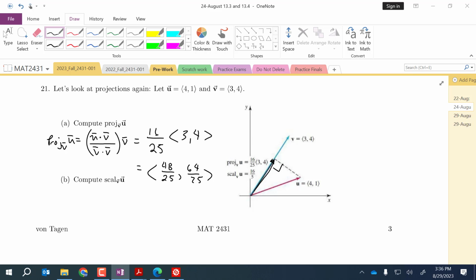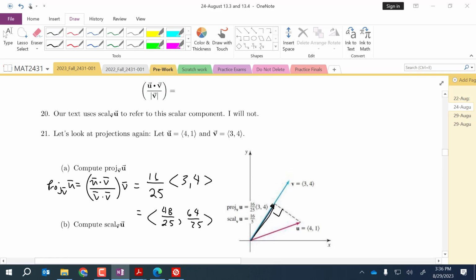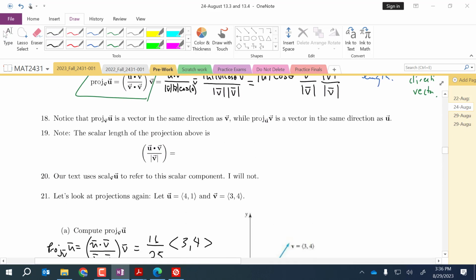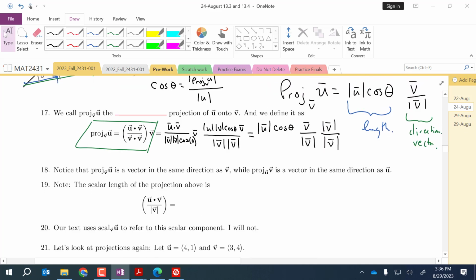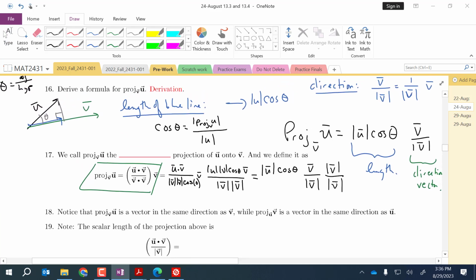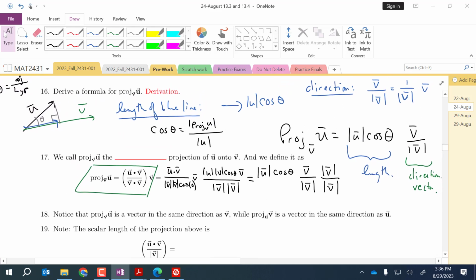How we doing, folks? The next part is to talk about just the length of the scalar projection. Okay? Well, we actually came up with the length very early on. How did we come up with the length of that scalar projection? It was just trigonometry. The length of the hypotenuse times the cosine of the angle between these vectors. Okay?